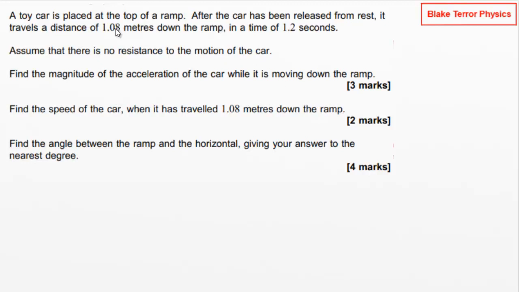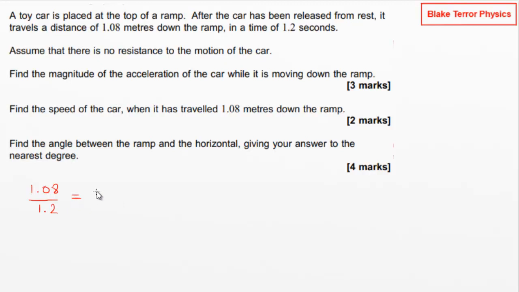So we know that the distance traveled, this 1.08 meters, is the accumulation of the velocity. So 1.08, which has happened in 1.2 seconds, is going to be our average velocity.